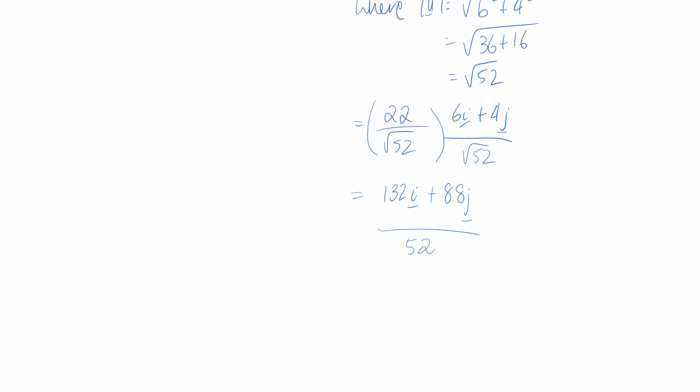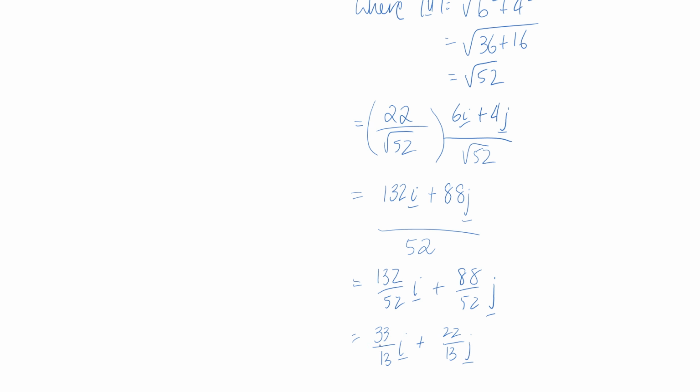So we can write this as the two parts on their own, so 132 on 52 i and 88 on 52 j, and those fractions do cancel down a little bit, so equivalently this is 33 on 13 and 22 on 13.